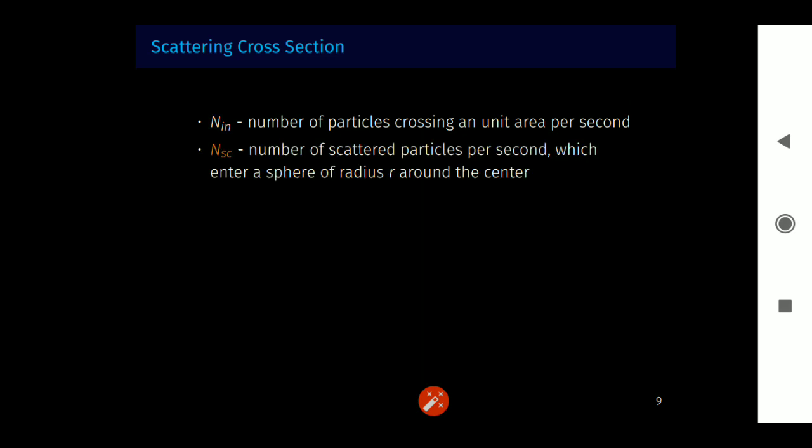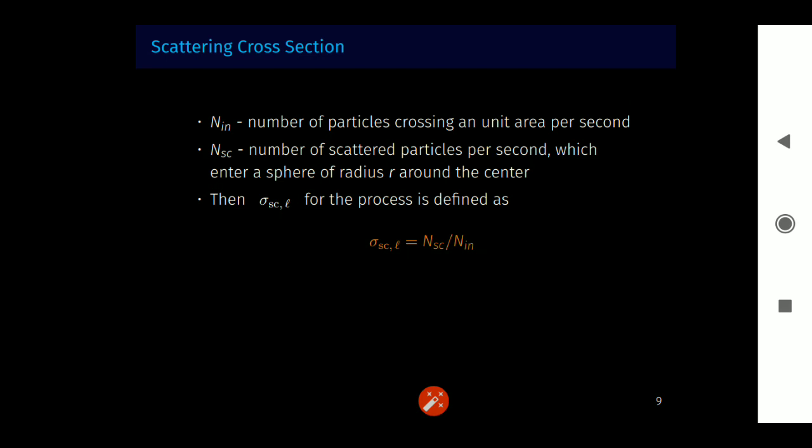Similarly, we need N scattered, which represents the number of scattered particles per second entering a sphere of radius r around the interaction center. The scattering cross section is then defined as the ratio of N scattered to N incident. This is actually the general definition for scattering cross section.